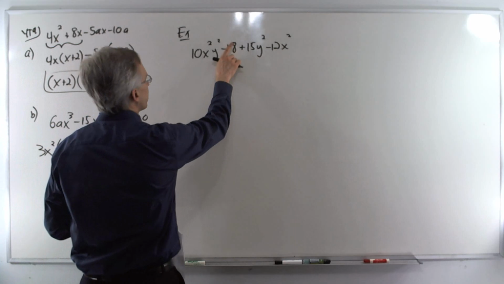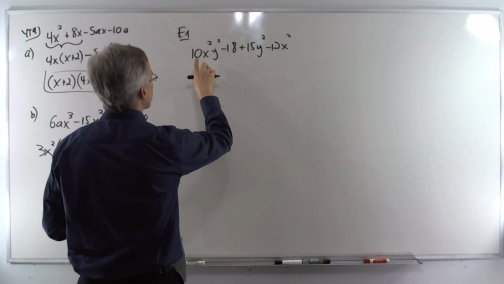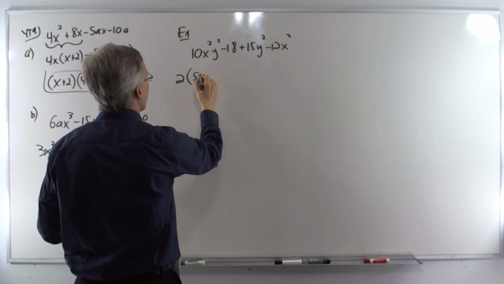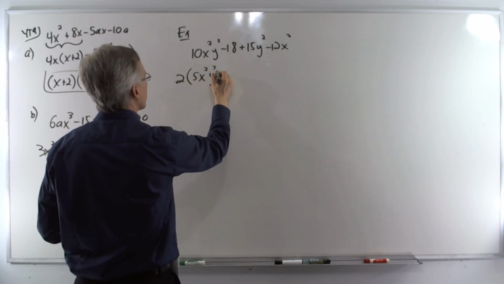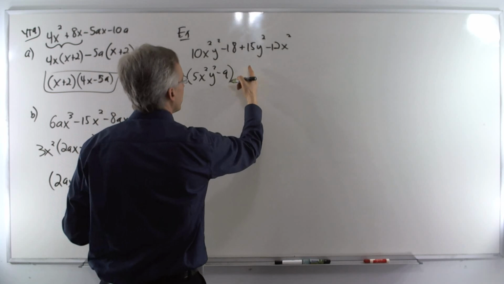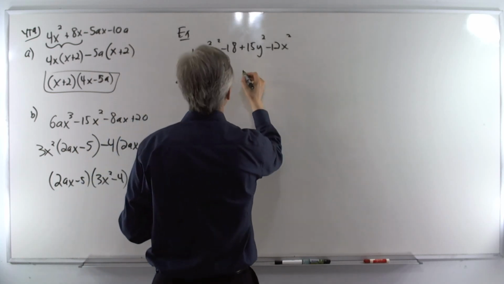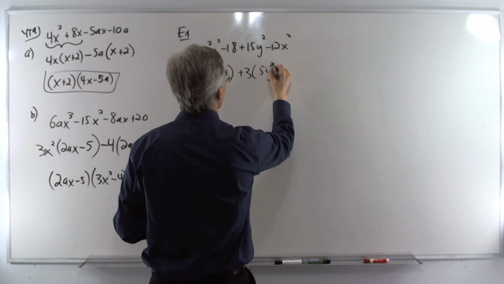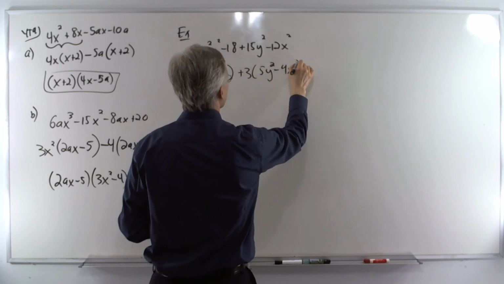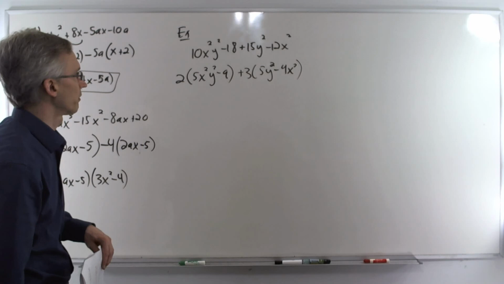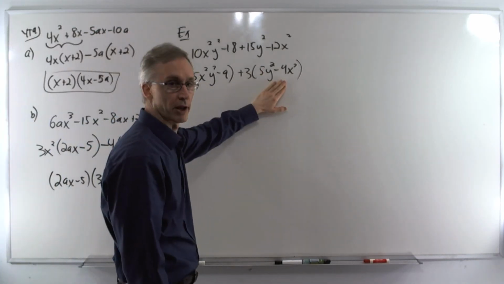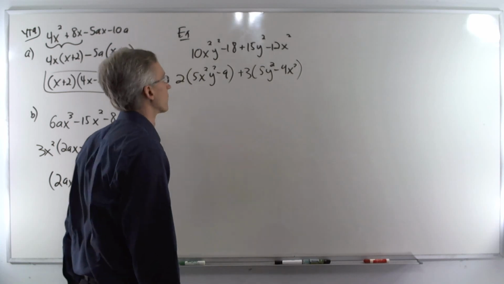Let's see what I can factor out here. There are no variable parts, so from the 10 and 18, I can factor out a 2, and it gives us 5x squared y squared minus 9. And then over here, I can factor out a 3, and it gives me 5y squared minus 4x squared. Now we have a problem because these don't match.